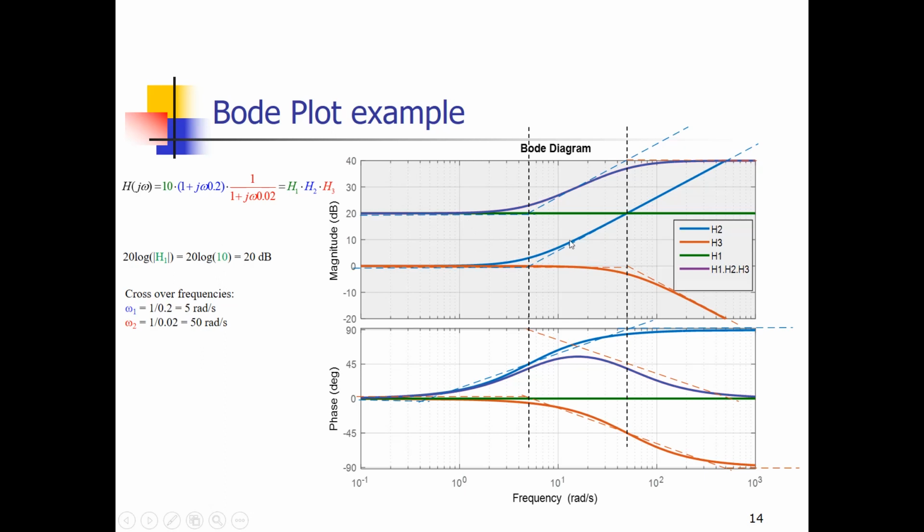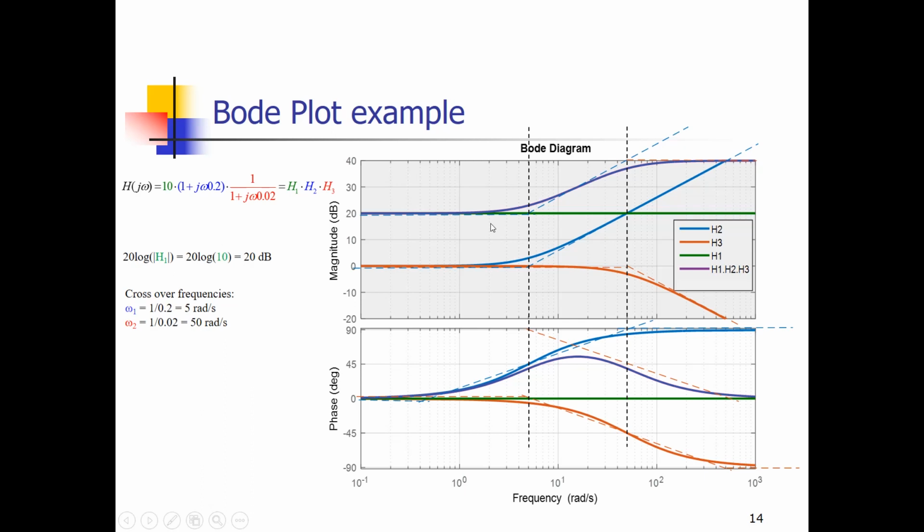Then the blue one increases from the crossover frequency over here with 20 dB per decade, so the combination, the purple one, also increases with 20 dB per decade. And then from this crossover frequency, the red system starts to drop with minus 20 dB, which compensates the plus 20 dB of the blue curve, so it ends up here at a constant value, which is 40 dB when you calculate it.